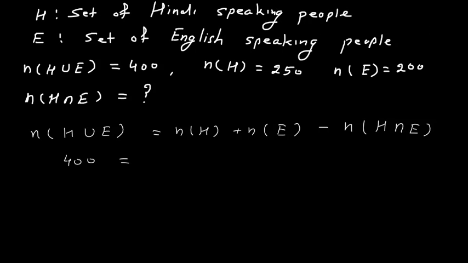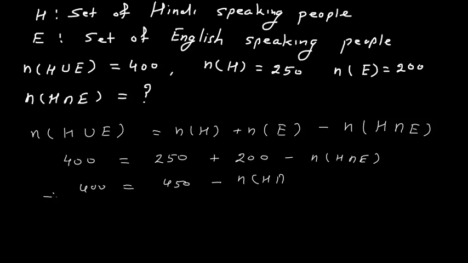N of H is 250 plus English it is 200 minus this unknown. So therefore we have 400 equal to 450 minus N of H intersection E.